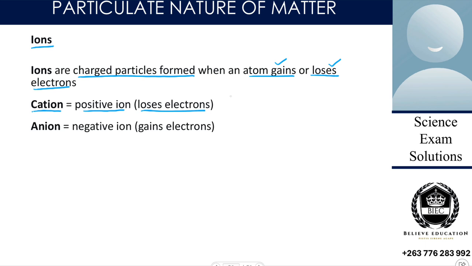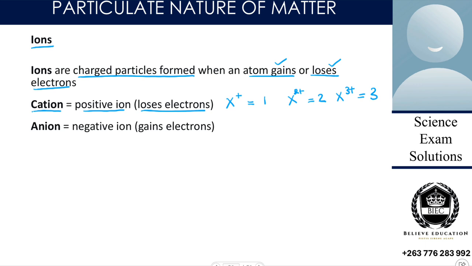So a positive ion, let's say X, becomes X plus, which means it lost one electron. X2 plus means it lost 2 electrons. If it is X3 plus, it means 3 electrons. So whether it is 3 plus, 4 plus, whatever, it is the number of electrons that have been lost.